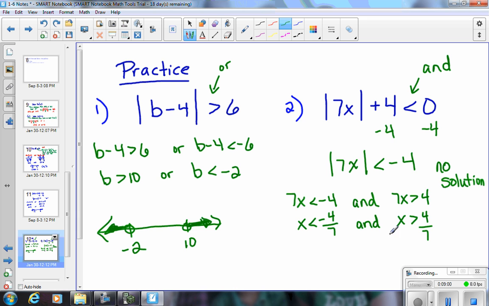Well, think about it. How can you have a number that's less than negative 4/7 and at the same time is greater than a positive 4/7? Not possible. So, again, that's a reason why it's no solution. However, if you think about it up here, you can save yourself some work.